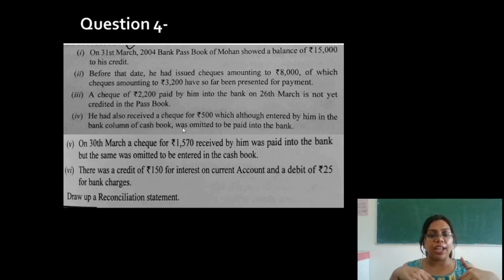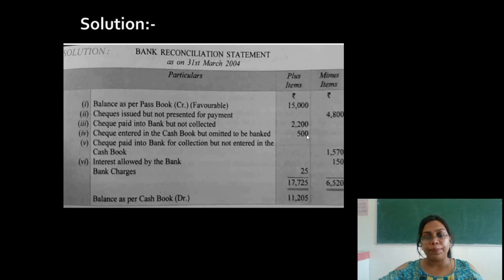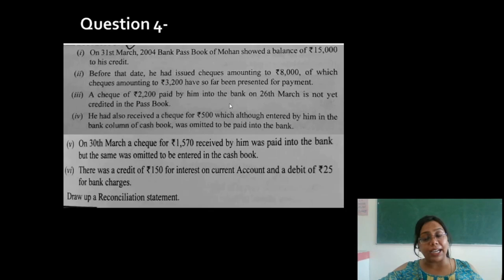He received a check of rupees 500. He entered it in the cash book, but he forgot to deposit that check in the bank. So what will I do? I will deduct this 500 rupees in my BRS. I would have decreased it if I was preparing this as per the cash book, but now I will increase this in my BRS.